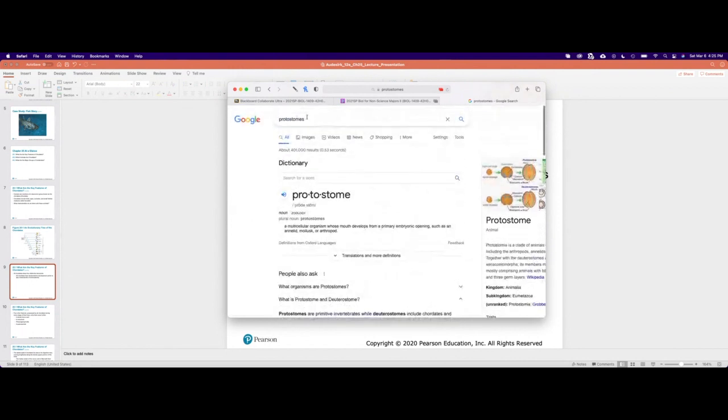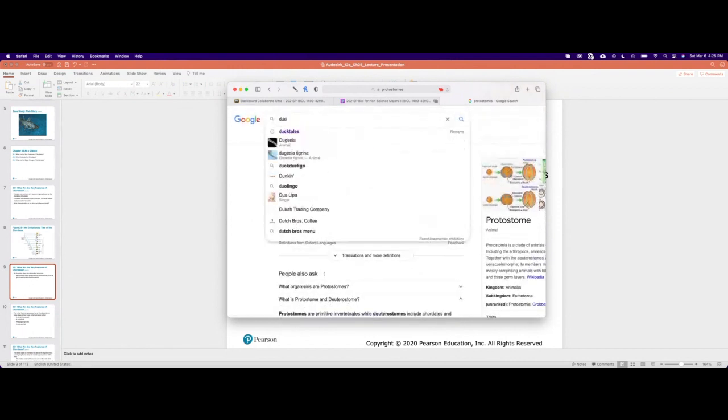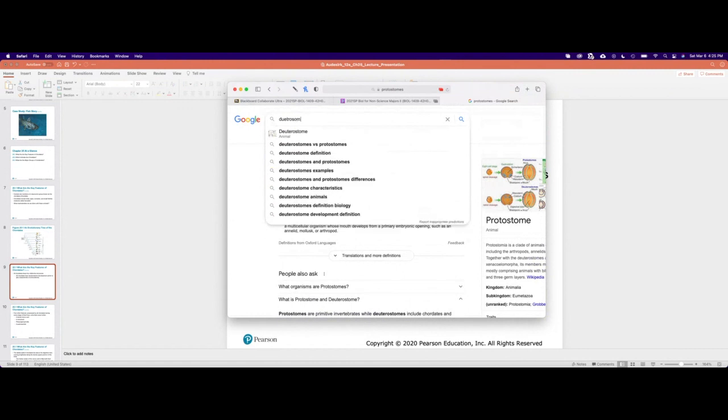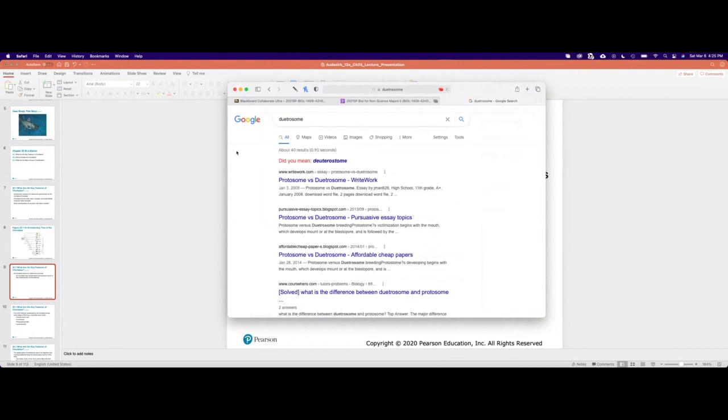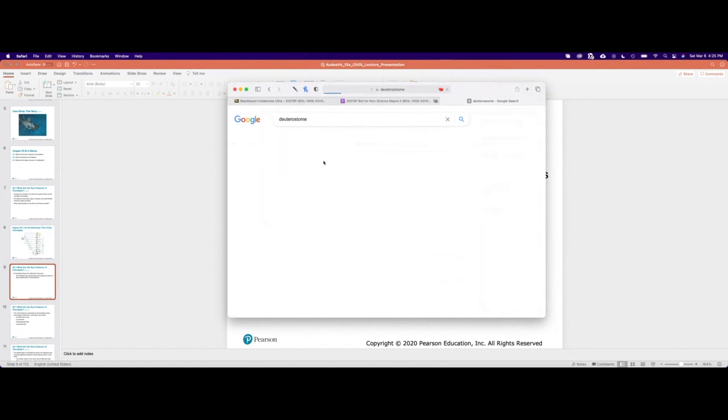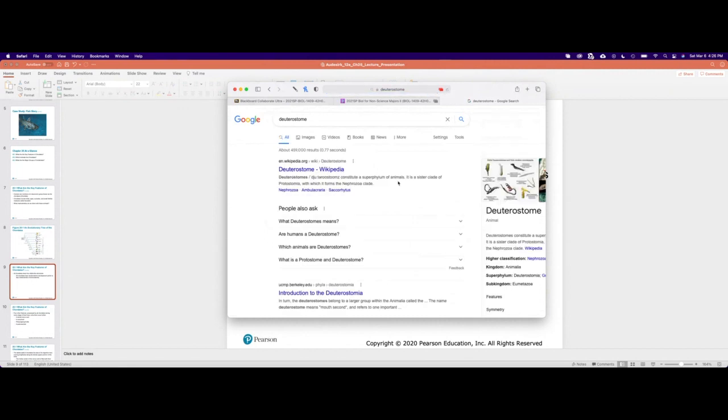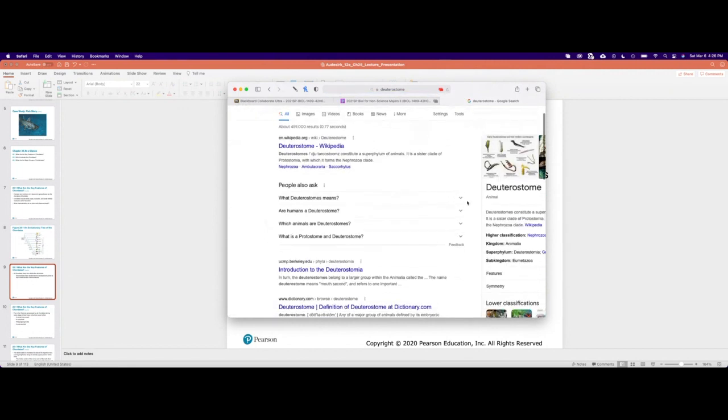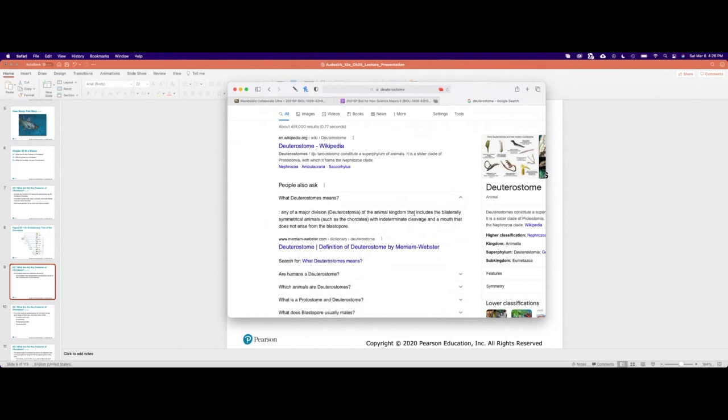So let me look up deuterostomes. Let's see how close I got. And then what does deuterostome mean? We did talk about how they include the bilaterally symmetrical animals.